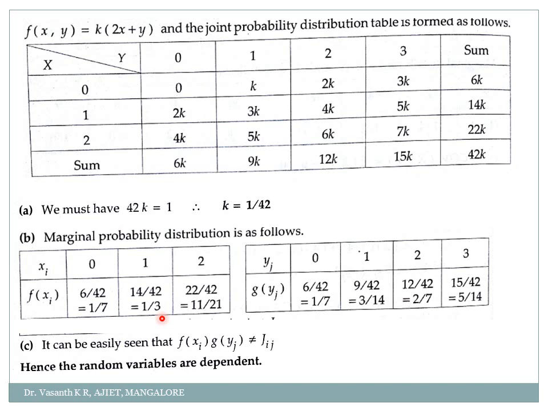For example, if I take 0, the probability of x is 1 by 7, the probability of y is 1 by 7, so 1 by 7 into 1 by 7 is 1 by 49. It should be the same as this value. Is it equal? No, not equal. Hence the random variables are dependent variables. They are not independent variables.